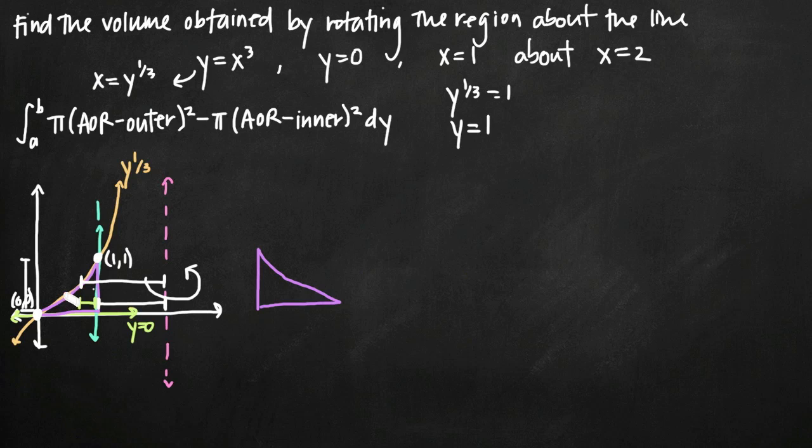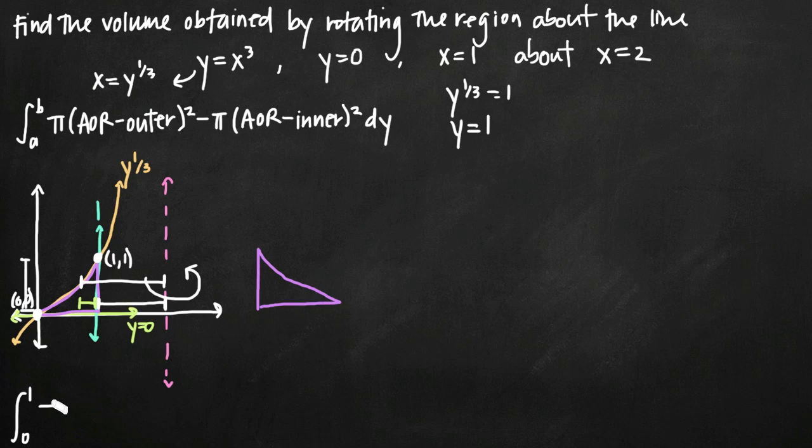So once you know the outer curve, the curve that's farther away from the axis of rotation, and the inner curve, the curve that's closer to the axis of rotation, plugging into your formula is simple. So we have here the integral from 0 to 1, because the point where the curves intersect each other at the lower bound is 0 and the upper bound is 1.